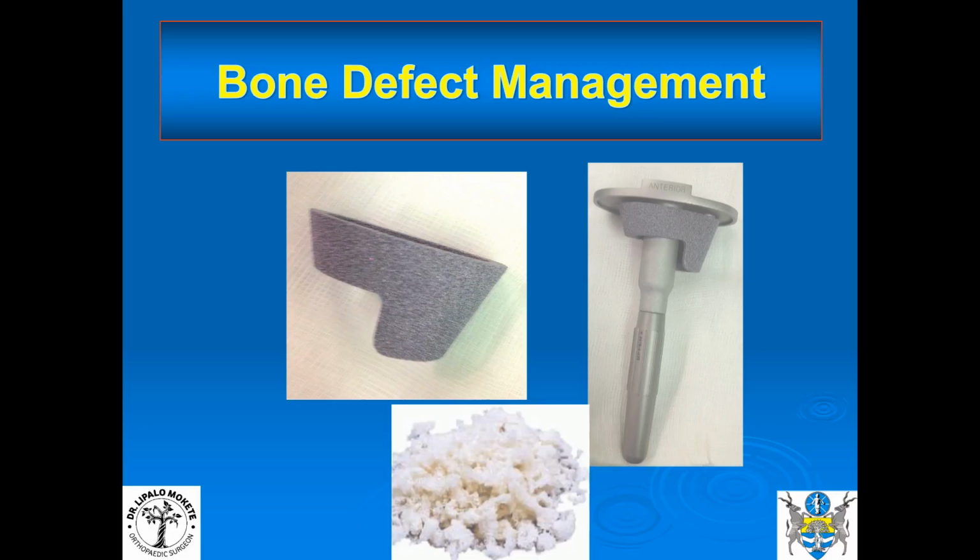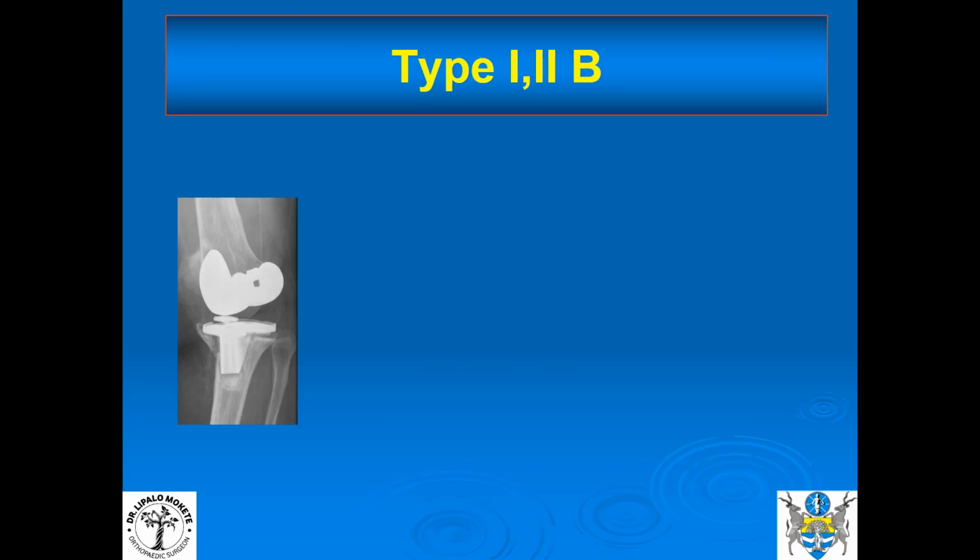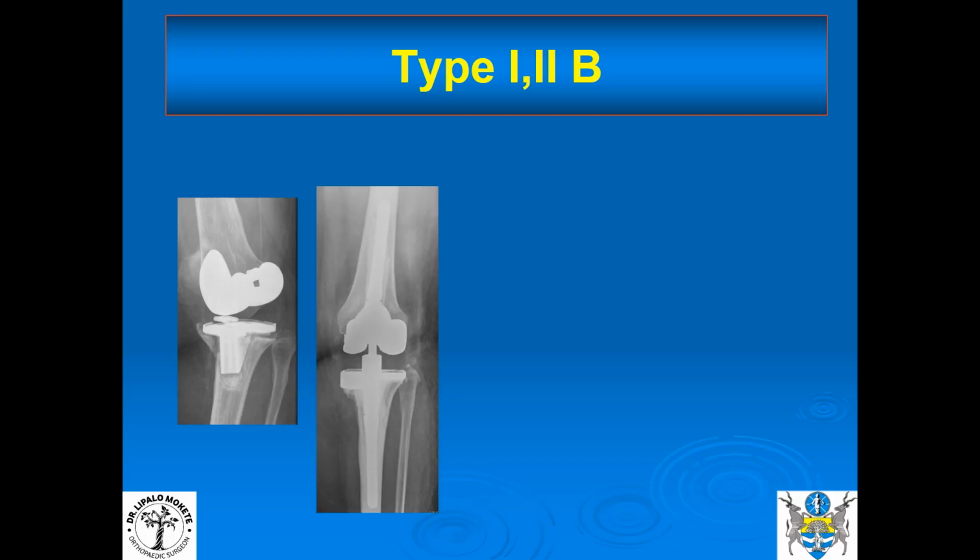In terms of your bone defect management, you can either use trabecular metal cones, bone graft, or structural bone graft. These are some examples. For that sort of fracture, we went for a stemmed implant, a cemented stem.